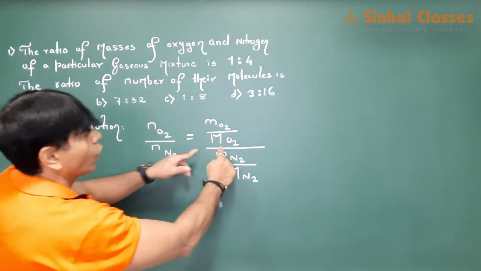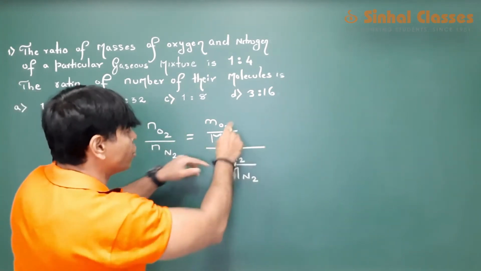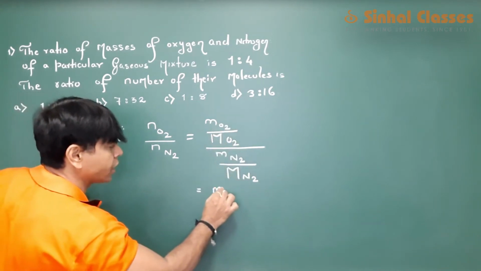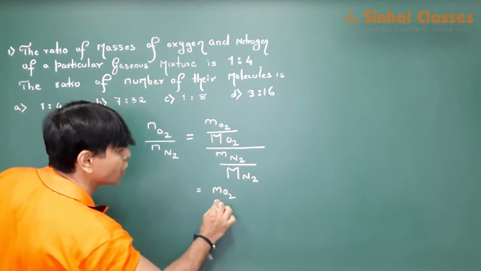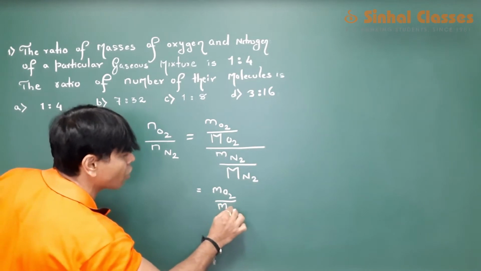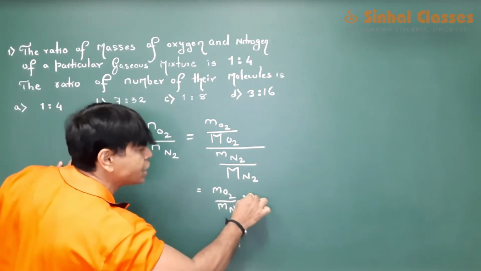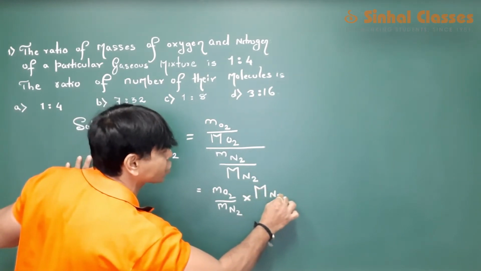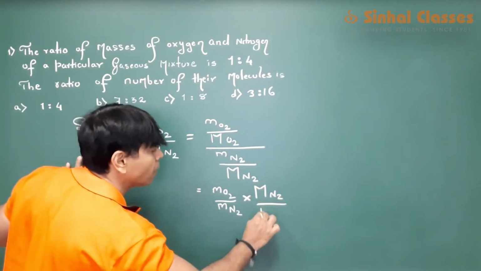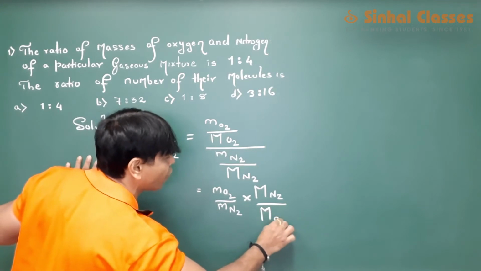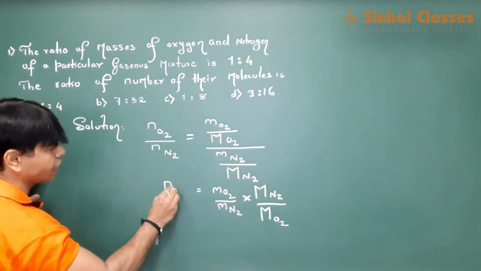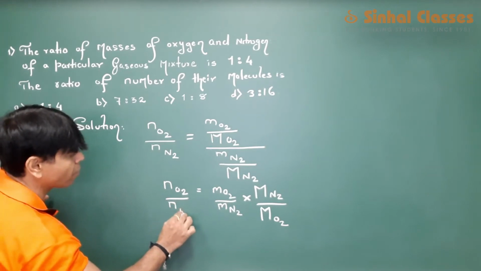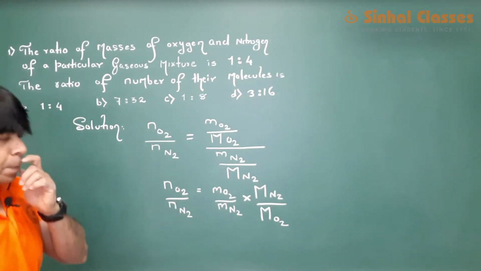Now this is division, so when you do multiplication, it will go up. So it is mass of oxygen upon mass of nitrogen into molar mass of nitrogen upon molar mass of oxygen, which gives you the moles of oxygen upon moles of nitrogen.